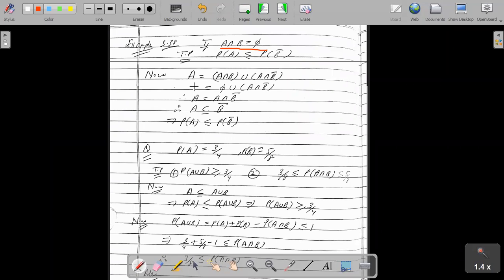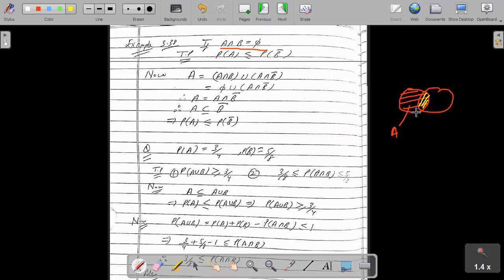So proof wise, it is given to us that A intersection B is empty. If this is my set A and this is my set B, A can be written into two parts. One part is in red and one part is in yellow.